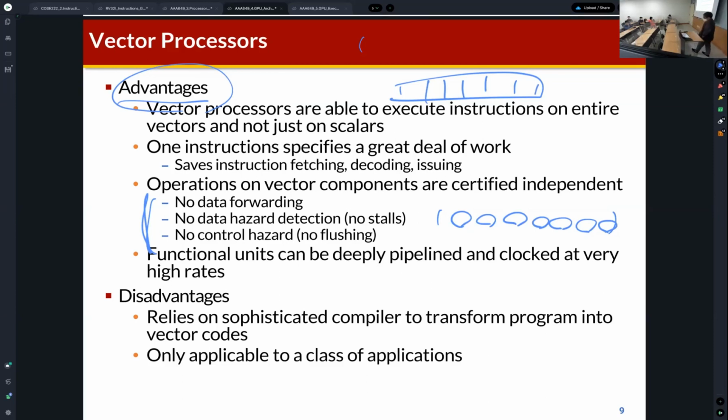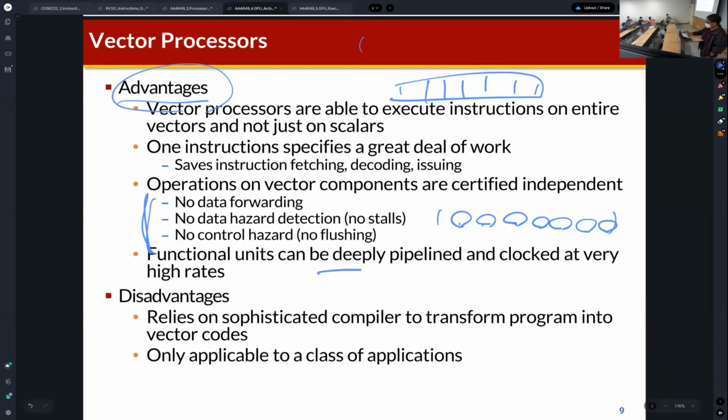But for vector processors, vector instructions guarantee that different elements in the same vector are independent. So vector processors do not need to consider the wasted clocks caused by data hazards and control hazards, which means the processor architecture can become simpler.